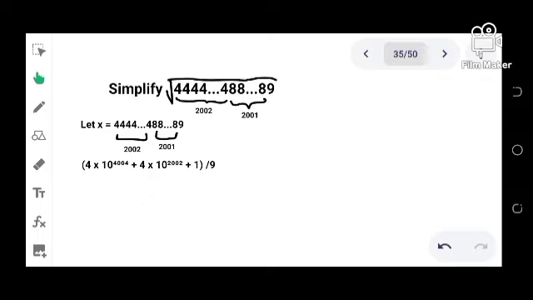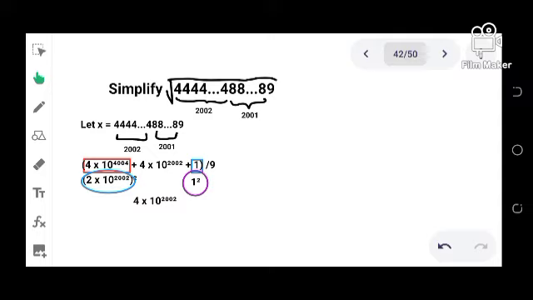Now this time, notice that 4 times 10 raised to the power of 4004 is just equal to 2 times 10 raised to the power of 2002 quantity squared. And obviously, 1 is just 1 squared. Now, we multiply 2 times 10 raised to the power of 2002 and 1, and we get the middle term that is 4 times 10 raised to the power of 2002.